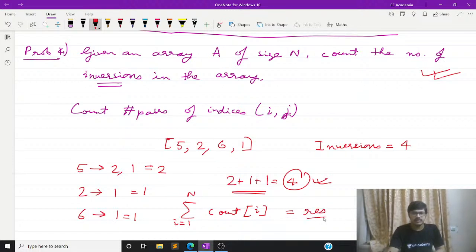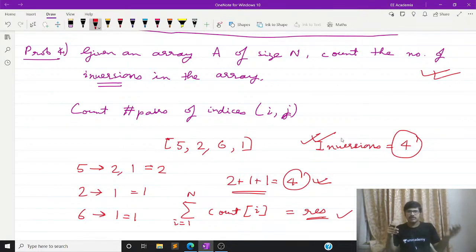This is going to be your result, the total number of inversions in the array. So these two questions are asked in interviews. Either they will ask you the first one or they will ask you this one. But whatever it is, if you know how to solve one of these, you should be able to know how to solve the other.